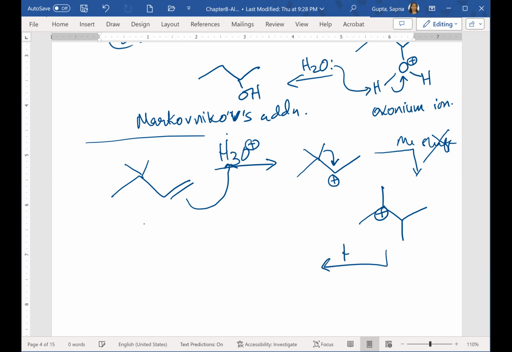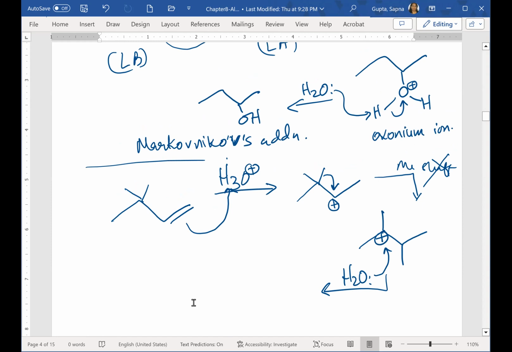Now all we have to do is then add water. So the same process as we had before. Make sure your arrow is going from negative to positive, electron rich to electron poor, always. So there is that, there is this, and then there is the oxygen. Don't take any shortcuts until I tell you to do so, okay?